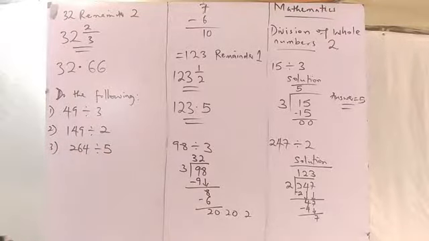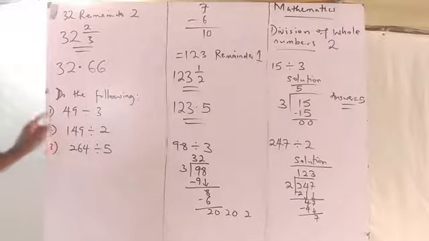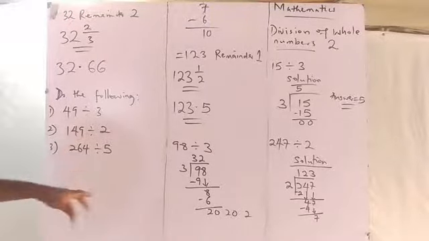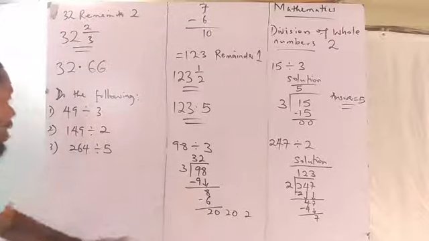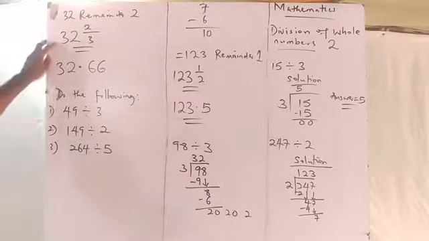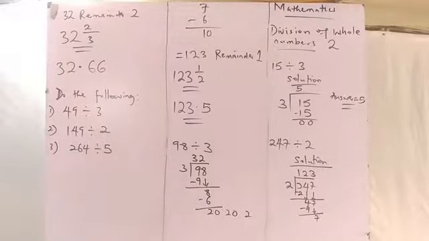Use the two methods to deal with these problems. Carefully get your answers, and if you're using the second method and you have a remainder left, then express your answers as fractions and as decimals. I'll see you in the next class.